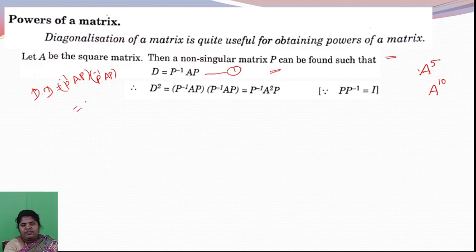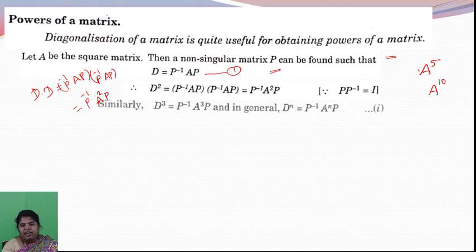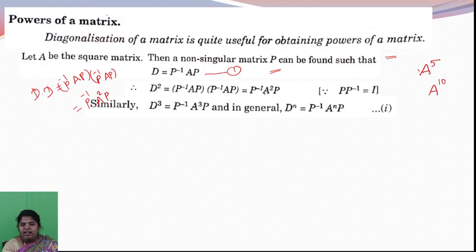Now solving this, we get P inverse A square P. Similarly, D cube is P inverse A cube P, and in general D power n is P inverse A power n P. This is a very important expression. Using this expression only, we are going to find the powers of the given matrix. So to find the powers of the given matrix, first we should find D power n, given by the expression P inverse A power n into P.